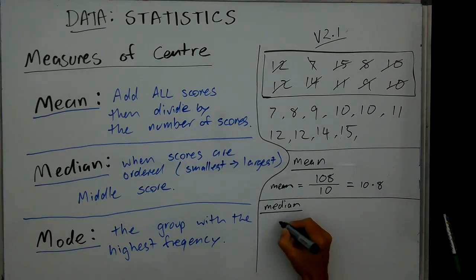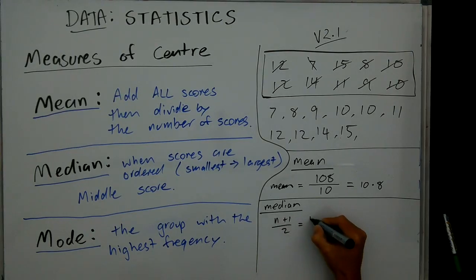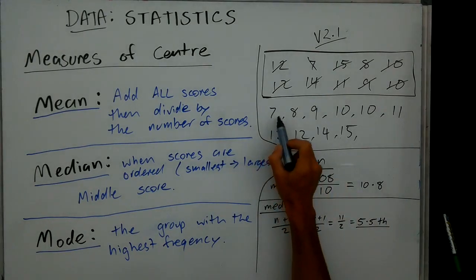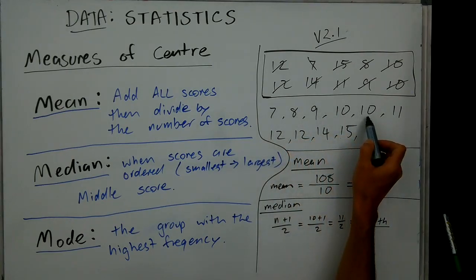So the median: we've got 10 things, so I'm going to do n plus 1 over 2. 10 plus 1 over 2 is 11 over 2, so the 5.5th term is the median. I'm going to go 1, 2, 3, 4, 5.